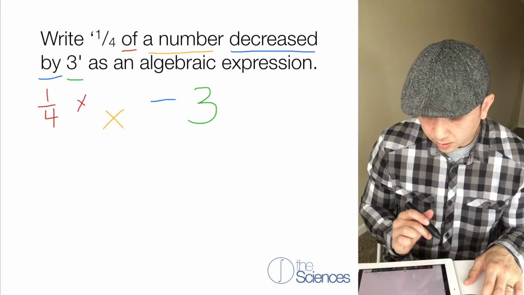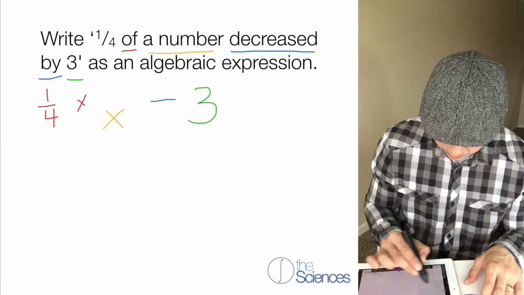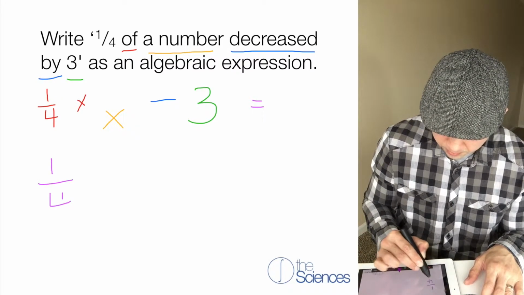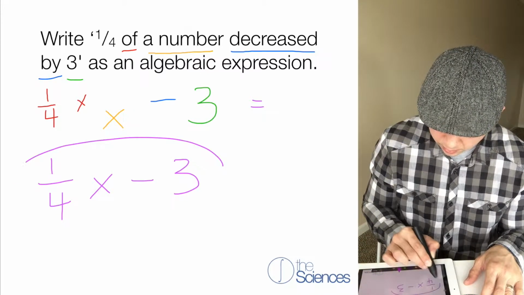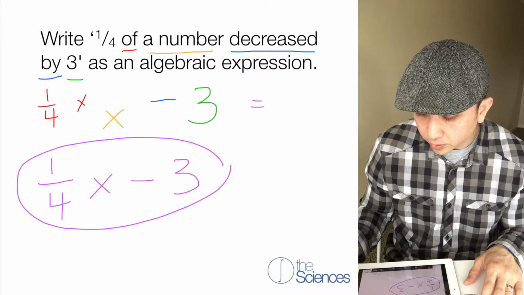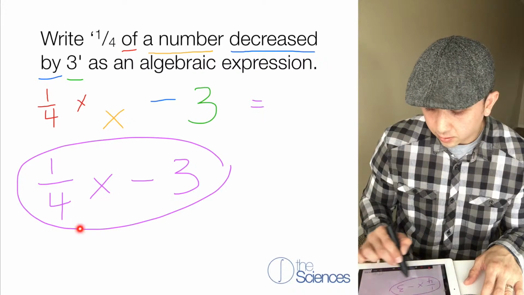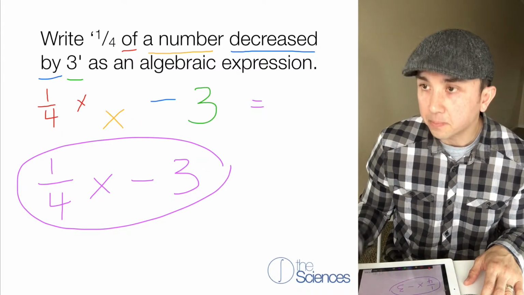So that's our algebraic expression. We can rewrite that as 1/4 x minus 3. So 1/4 of a number decreased by 3 is the algebraic expression 1/4 x minus 3.